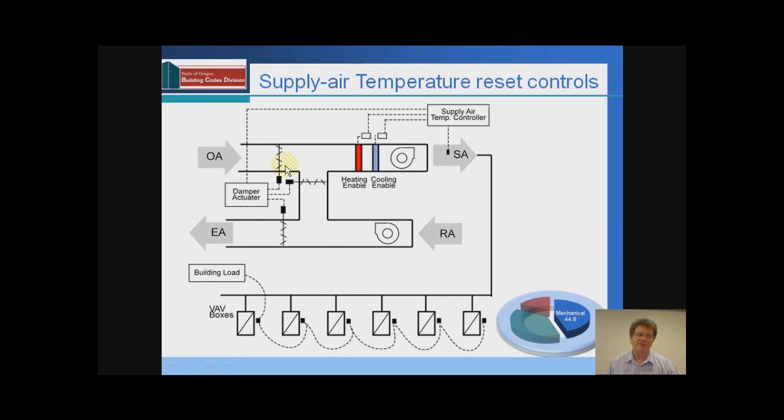So let's think again in detail about a VAV system. We've got our central fan, we've got our economizer that we talked about previously. We're now supplying cold air to the building, either cold air that's from the economizer or has been cooled with mechanical cooling, usually from the chiller.